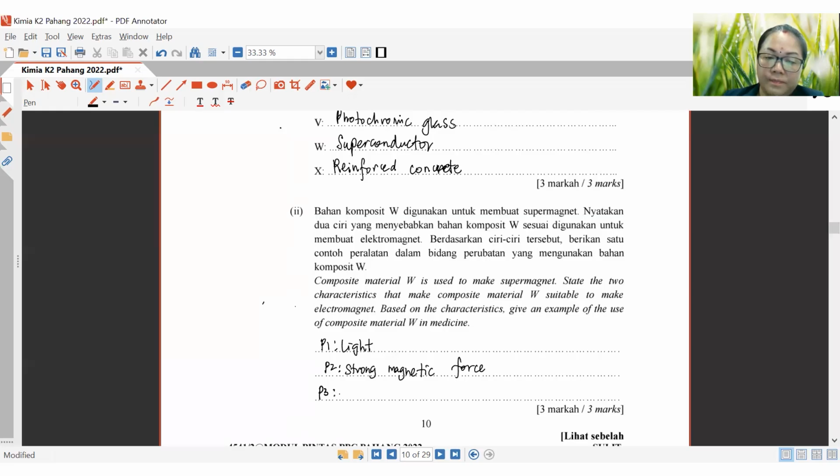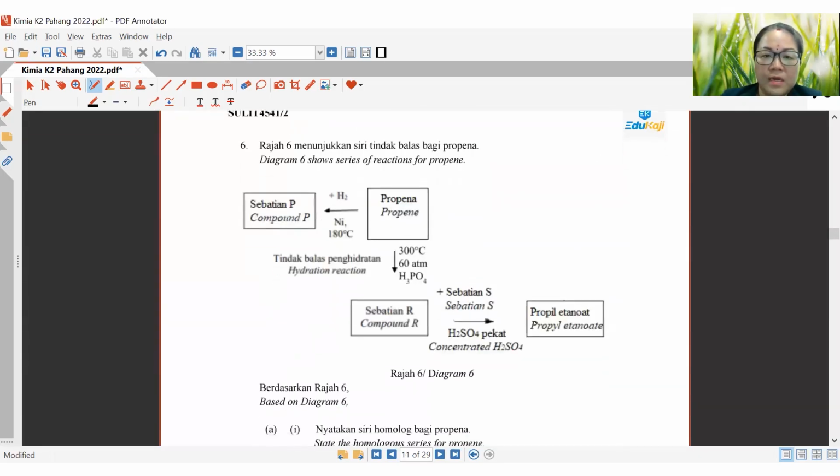And point 3 is a magnetic resonance imaging machine, MRI. Okay, the MRI machine, we always use MRI, but we always forget what is the entire full name of MRI, right? Okay, now, so now we are at question 6.